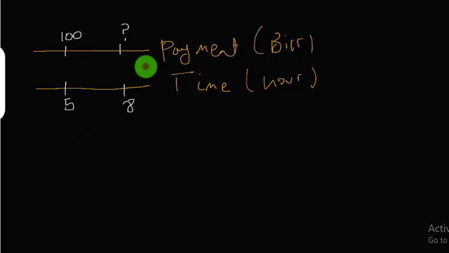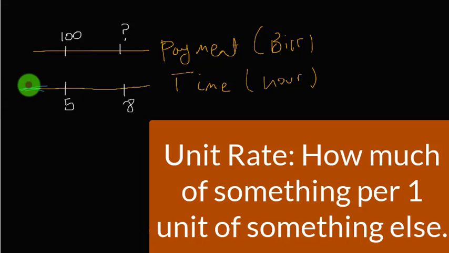But since we're working with ratio, we have to divide or relate. How much will he be paid for every hour? Which means I'm indirectly working on unit rate. So let's determine how much he is paid in 1 hour.